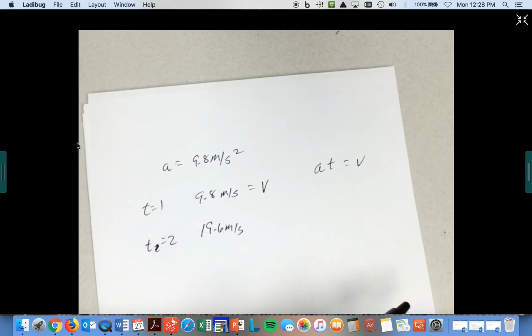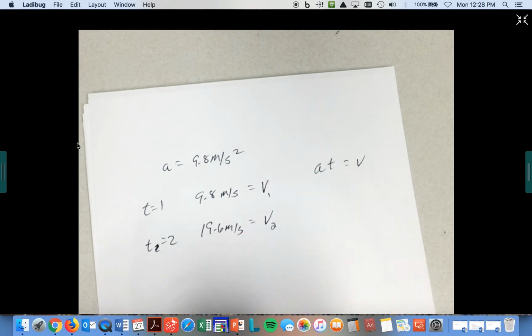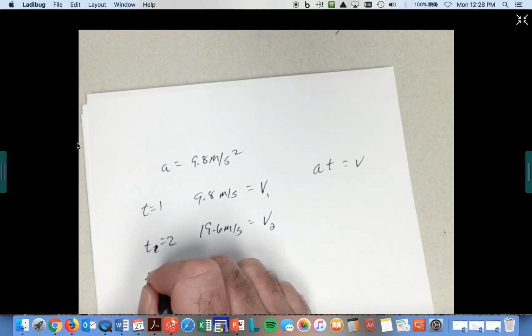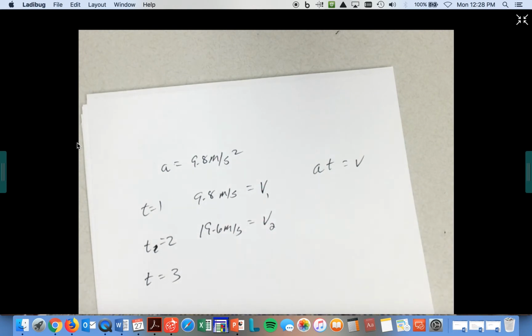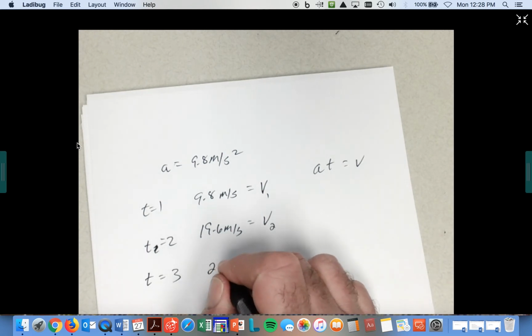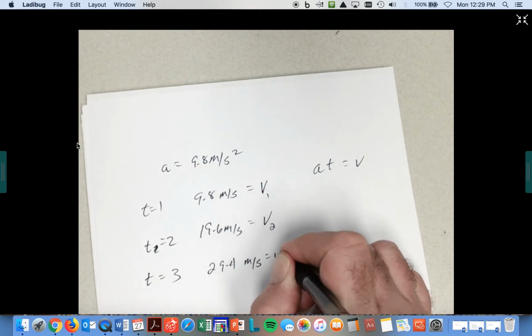Your speed after 3 seconds would be 9.8 times 3, which is equal to 29.4 meters per second. This is equal to V3.